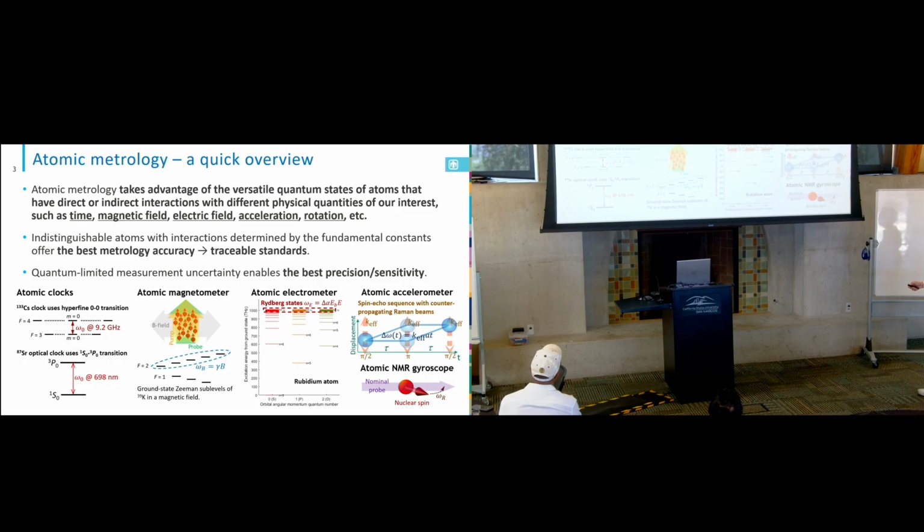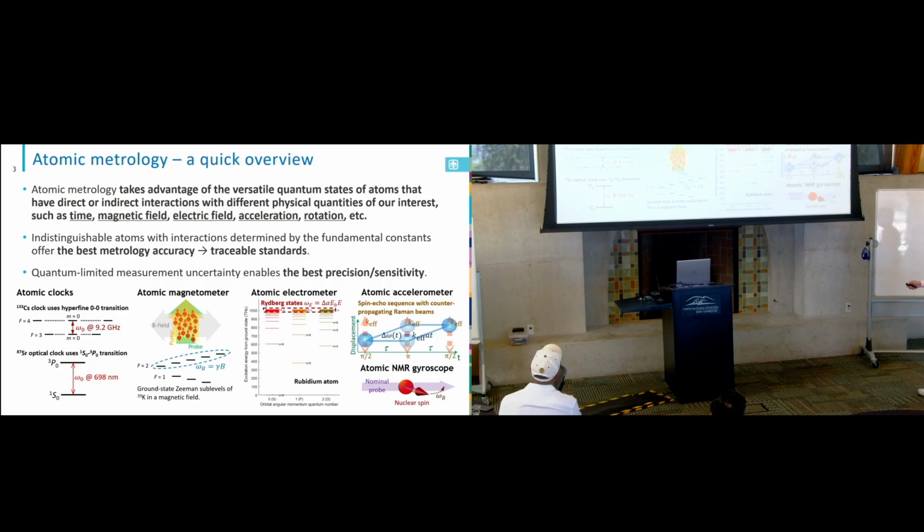Currently, we know the cesium atom is still being used to define time. But on the other hand, we also know these days the best clock is actually based on the optical transition of the atom instead of the microwave transition of the atom.